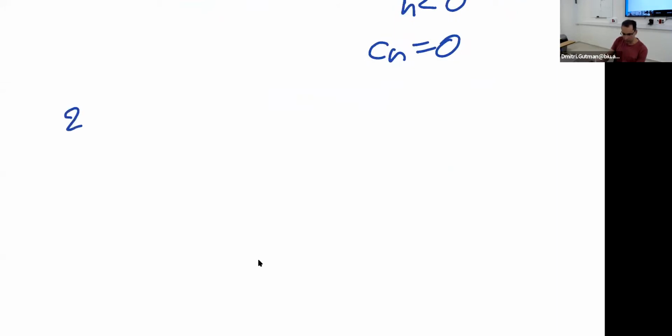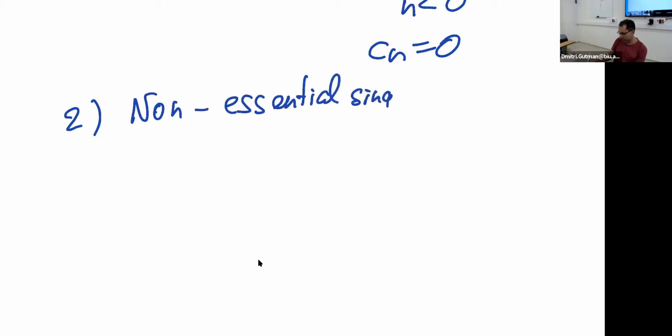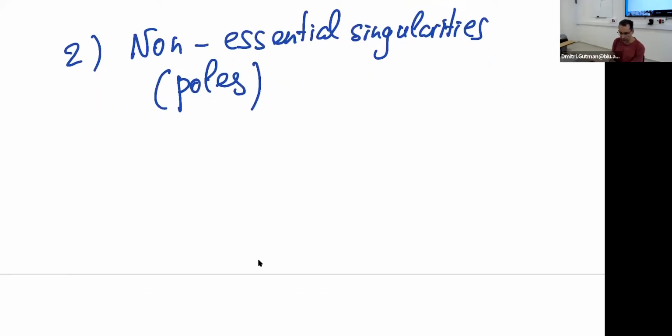So how about poles, or non-essential singularities? What can we tell about expanding here?